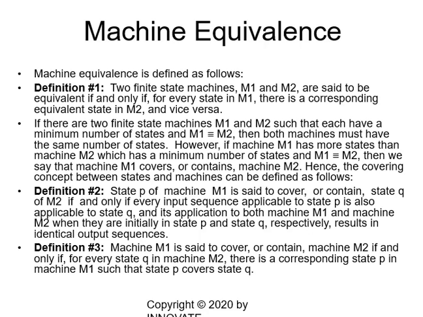Definition number 3: machine M1 is said to cover or contain machine M2 if and only if for every state Q in machine M2 there is a corresponding state P in machine M1 such that P covers state Q.